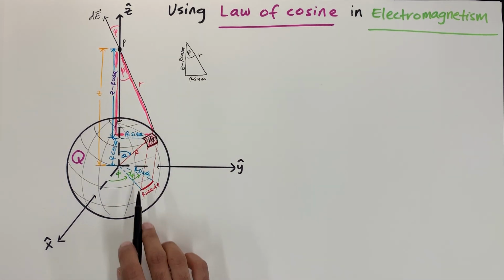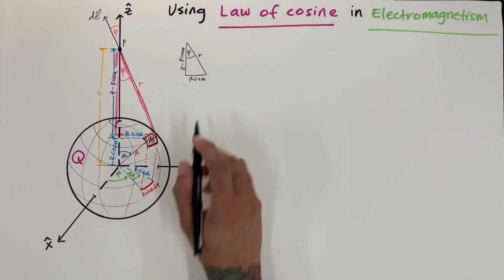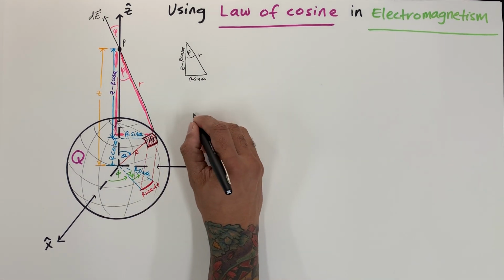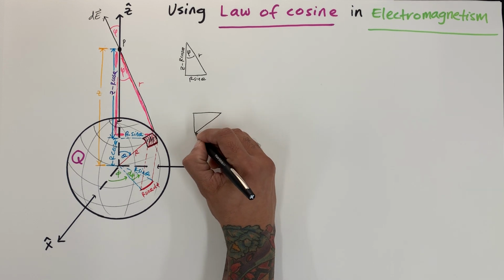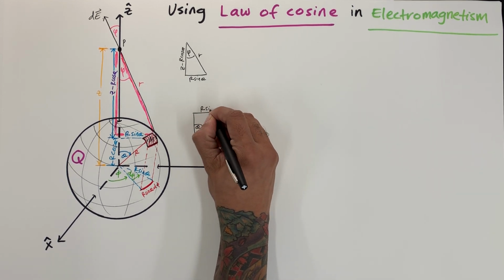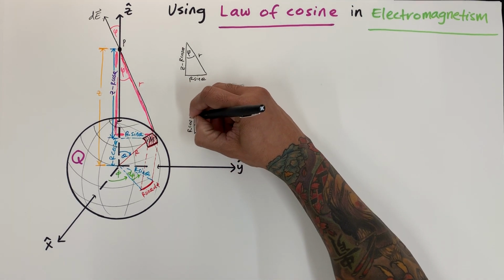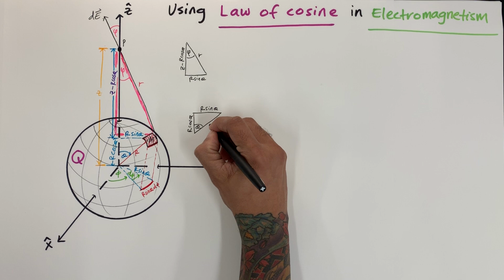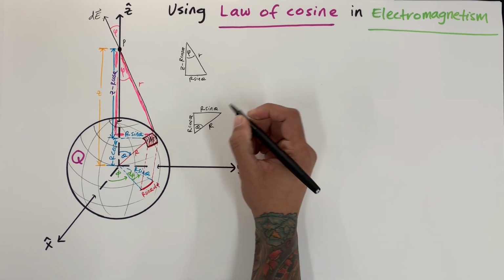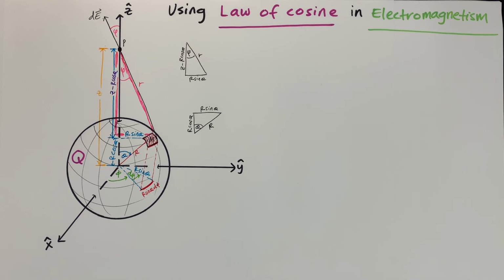And then we also have this smaller triangle here, which is theta. This side is r sine theta, this side is r cosine theta, and this is r. So these are the two triangles that we're working with.